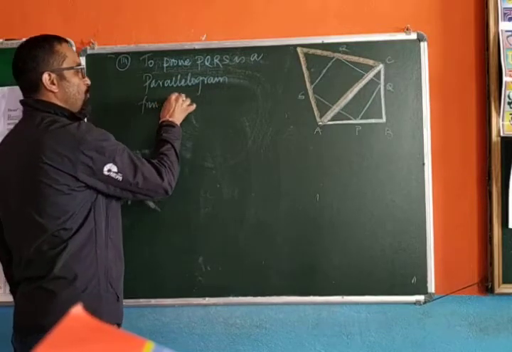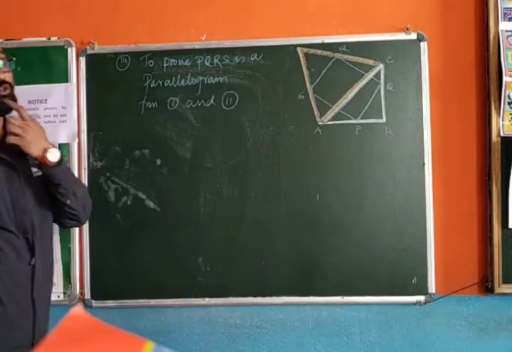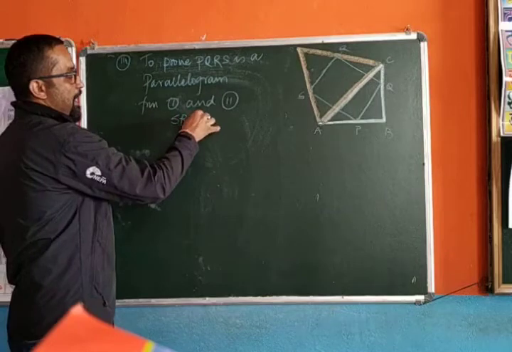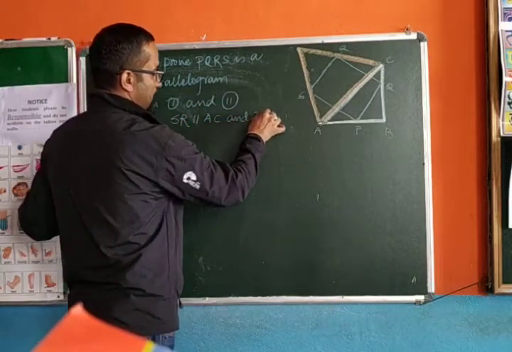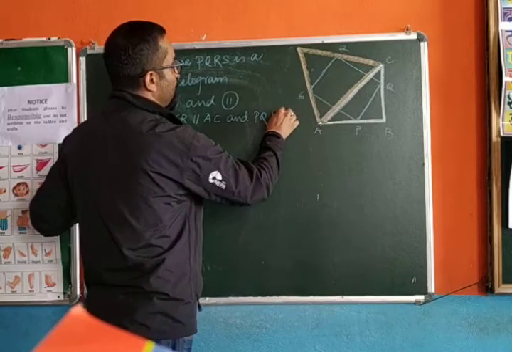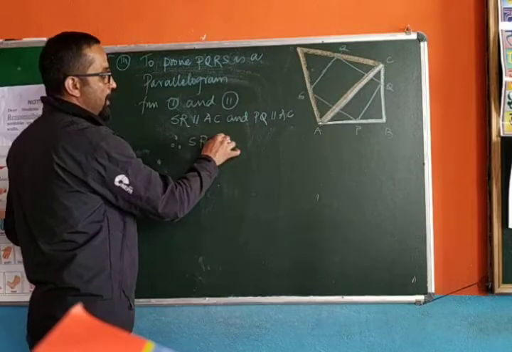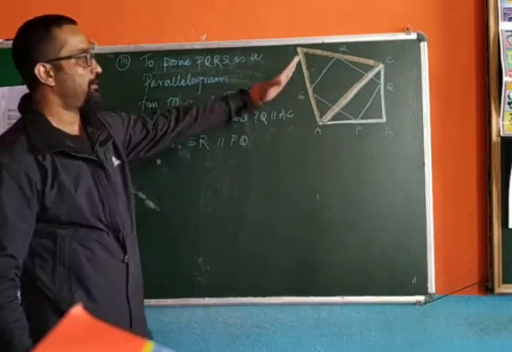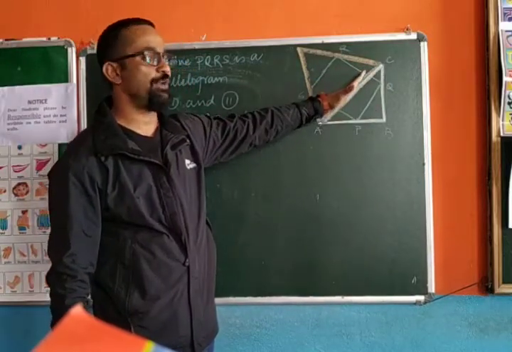From 1 and 2, look at this. SR is parallel to AC and PQ is parallel to AC. Therefore, SR is parallel to PQ. This line is parallel to AC, PQ is parallel to AC.